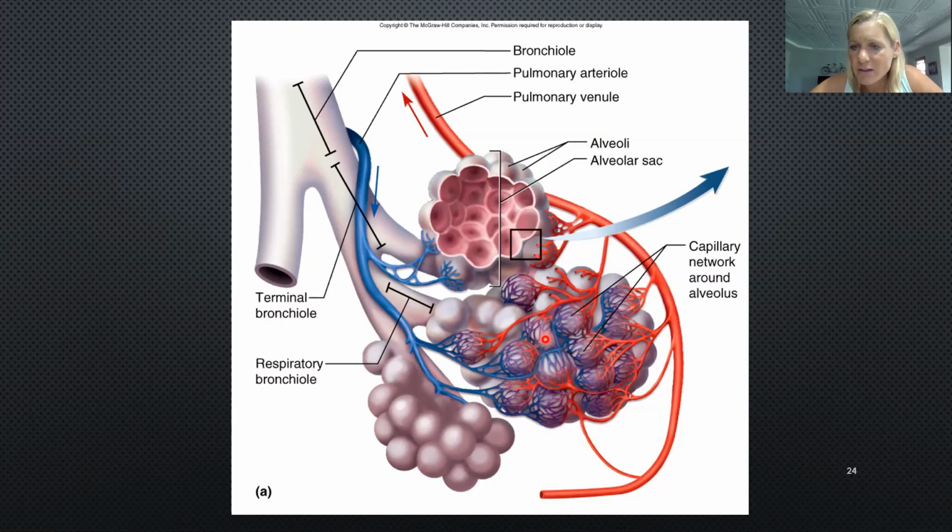Think about how important this process is. If I don't have oxygen, if I can't get rid of waste products, I'm good for nothing, right? So it's important that we have a dense capillary network surrounding each individual alveolus.